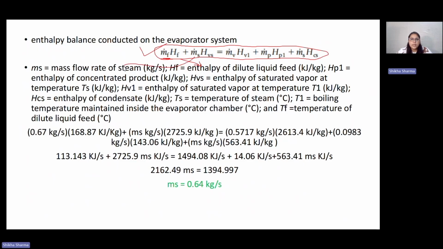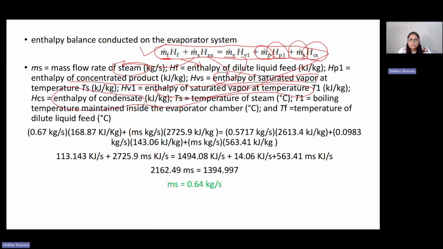MS is the mass flow rate of the steam, into HV, the enthalpy of the saturated vapor, is equal to MV, the mass flow rate of the vapor, into HV1, the enthalpy of the saturated vapor at temperature T1, plus MP, the mass flow rate of the concentrated product, into its enthalpy HP1, plus MS, the mass flow rate of the steam, into the enthalpy of the condensate.